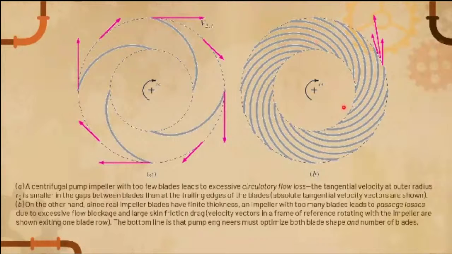Therefore, this is not a good design either. In terms of design, you need to check what would be the optimum number of plates. Not too few and not too many. This slide is just to show you that.